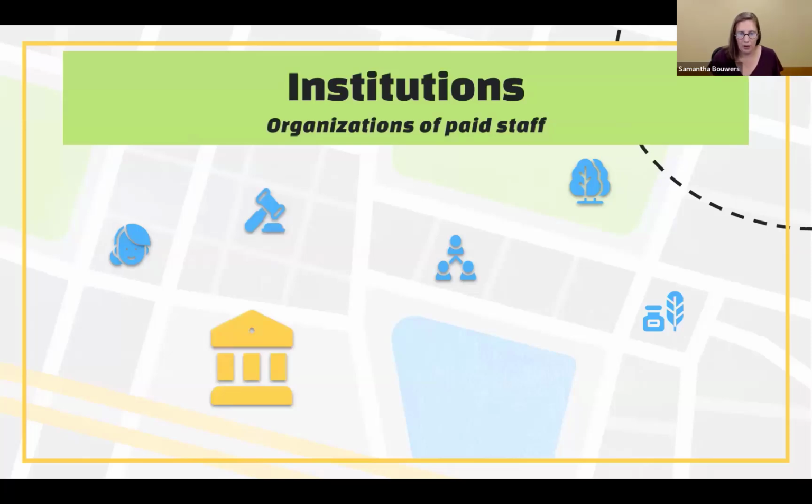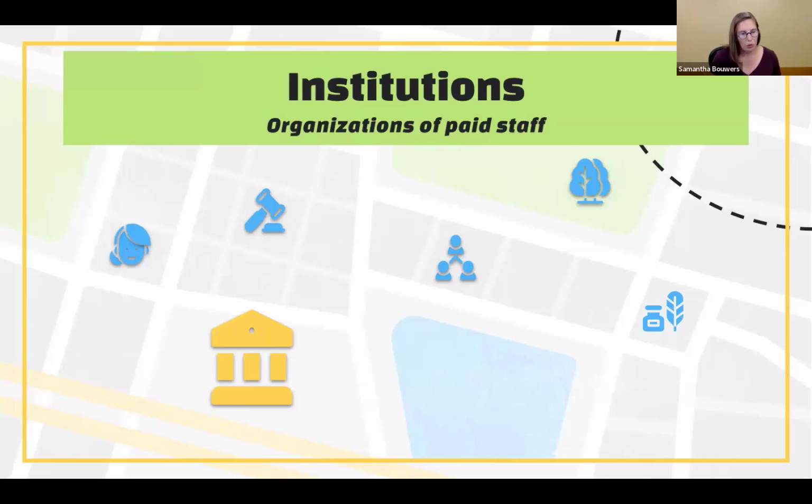The next category on this list is institutions, which they've defined as organizations of paid staff. They might have a physical space that is an asset to the community in some way, or equipment. They might employ people in town, which is certainly a benefit to the town, to the area.